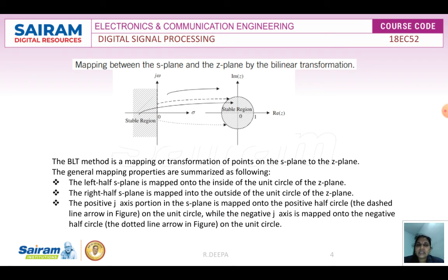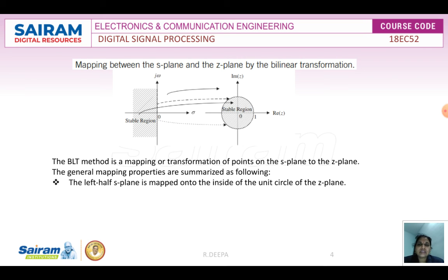Hence we observe that the poles we transfer from the left of the s plane are mapped to the stable region of the z plane. Hence we can say that the analog filter after transformation using the bilinear transformation is seen to be a stable filter. This is about mapping of the s plane to the z plane using the bilinear transformation.